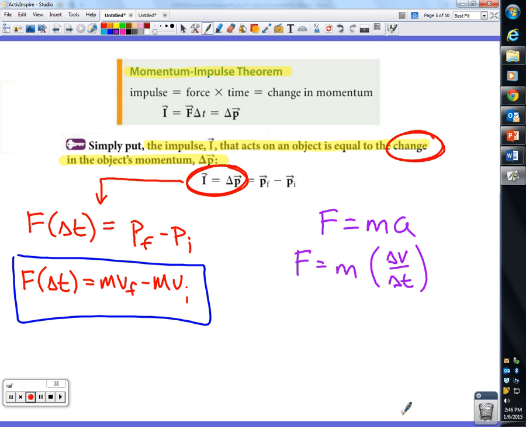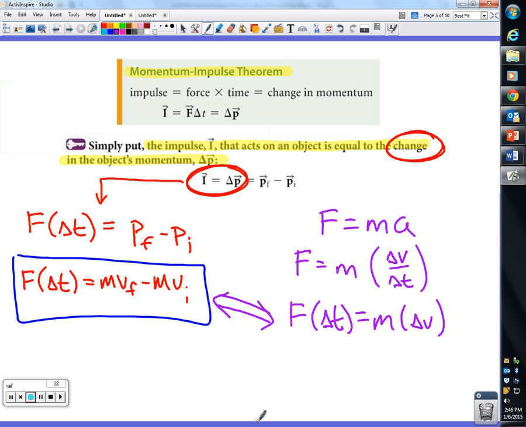Change in velocity over change in time. If I rearrange this equation, I get it to look like this. Notice any similarities between those two? They're basically the same equation, right?